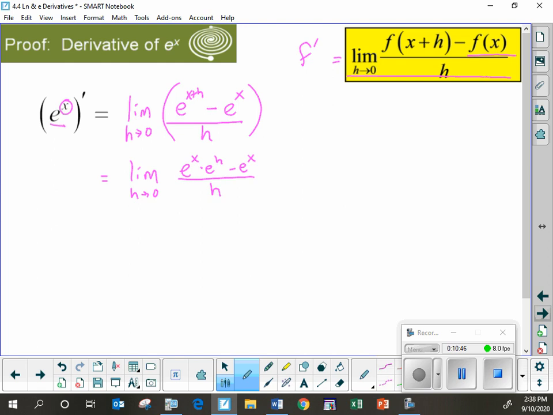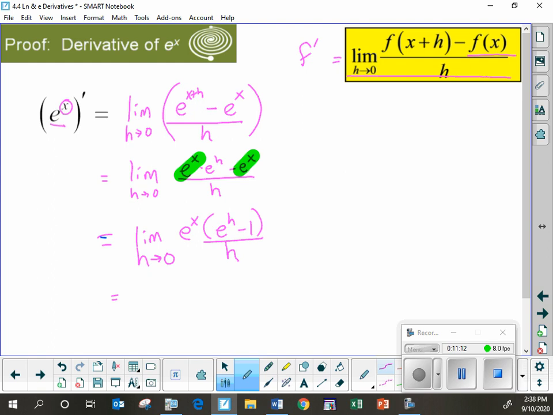And then we notice that we have an e to the x in common. So let's do a GCF. The limit as h goes to 0, factor out e to the x, that leaves me e to the h minus 1 over h.